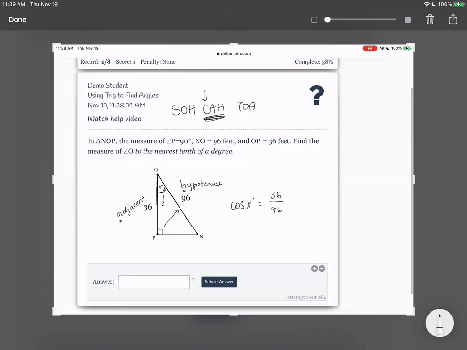Now this is cosine of x, but we want regular x, so we have to do the inverse. So x would be equal to the cosine inverse of 36 over 96. And we would type this into our calculator. Before I go type it into the calculator, are there any questions? All right, let's type this in.